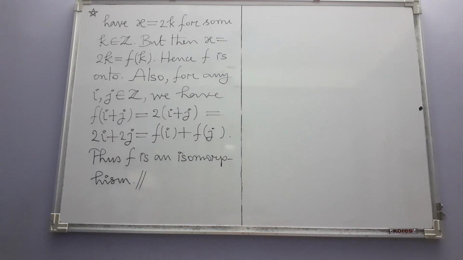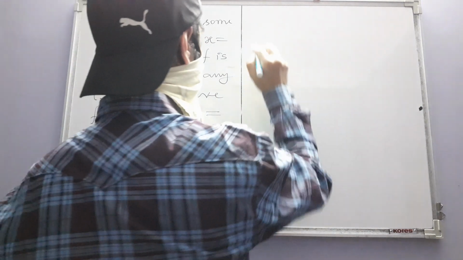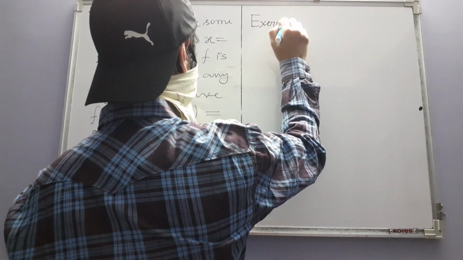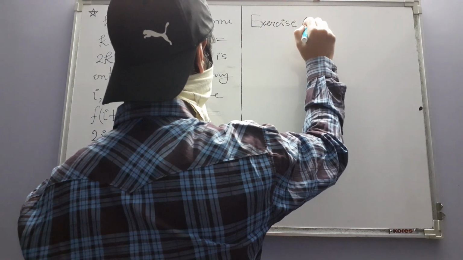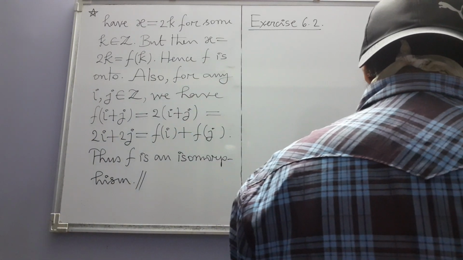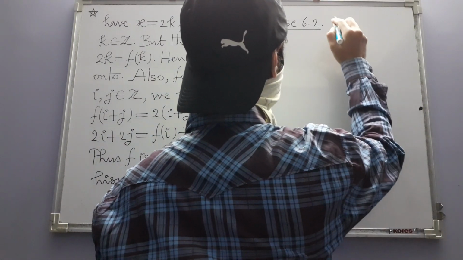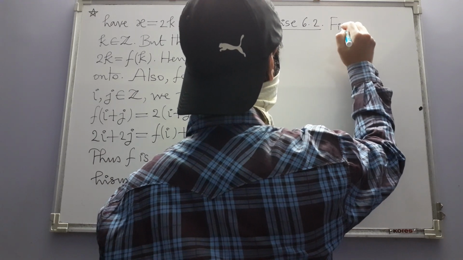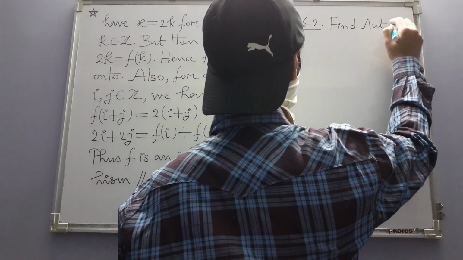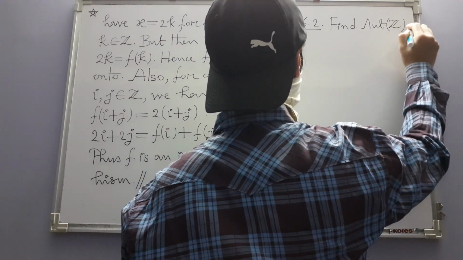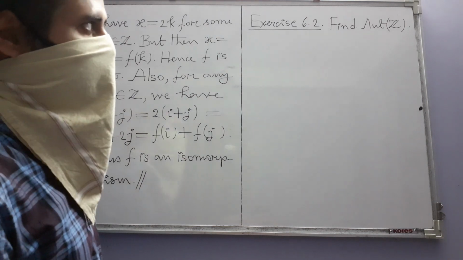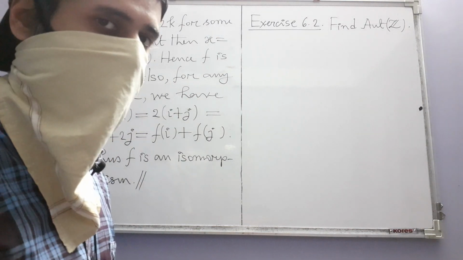Next, the second exercise. Find the automorphism group of the group of integers under addition.